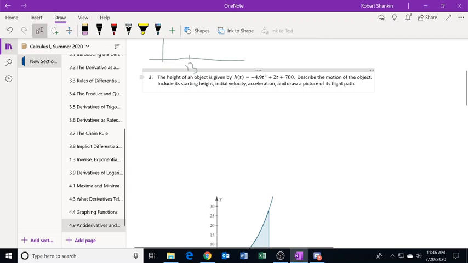Let's look at it this way. If I have this h of t, all it is 700, then the object is sitting at a height of 700 feet for all time, stationary, never moving. If I include this part into the equation, then the object at time 0 was 700 feet high, but at time 1 it was 702 feet, time 2, 704 feet.